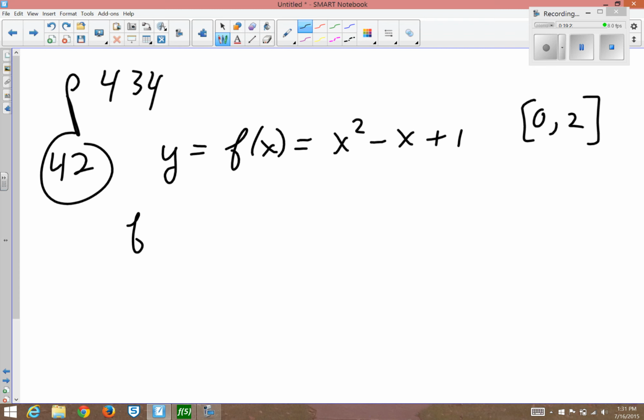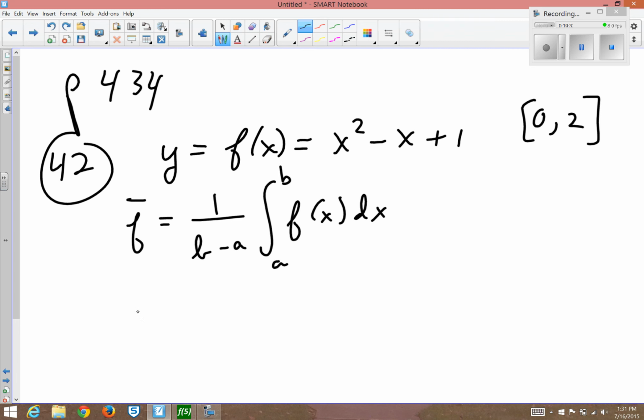The average value of any function is 1 over b minus a times the integral of the function from a to b. So for this exercise, it's 1 over 2 minus 0, because this number is a and this number is b.